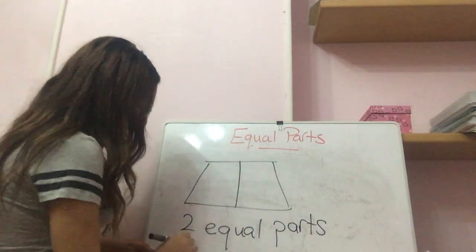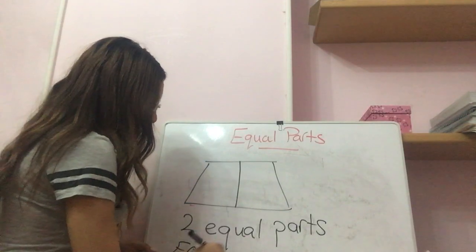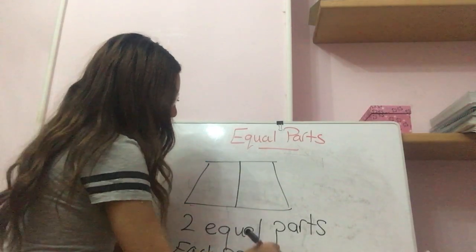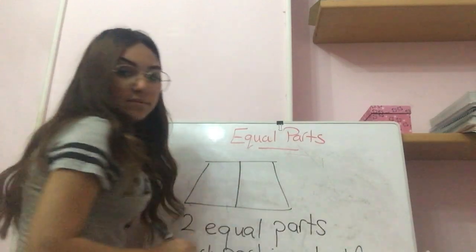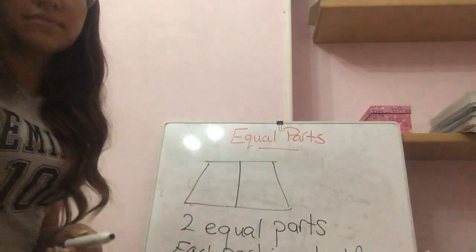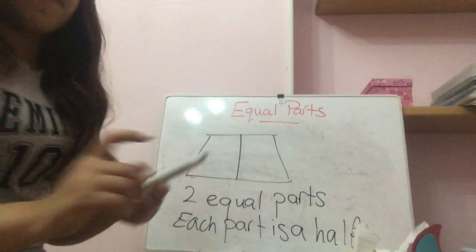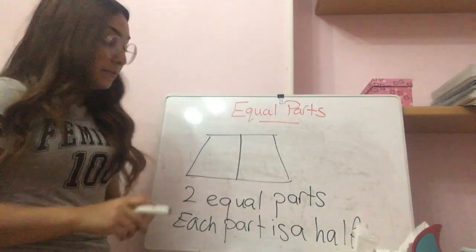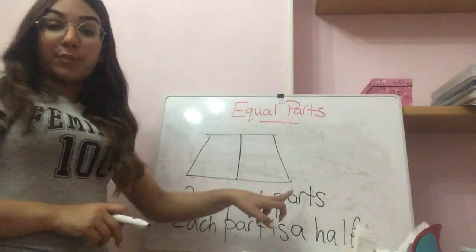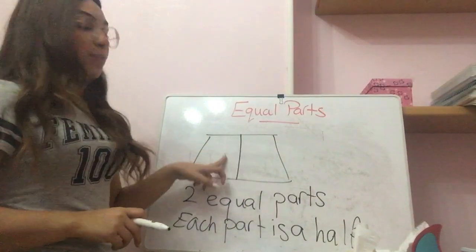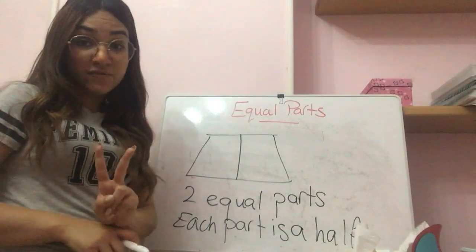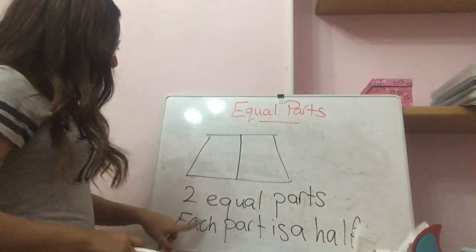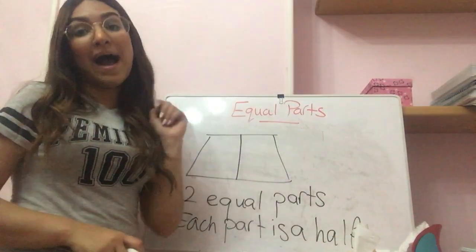Each part is a half. So again, 2 equal parts, so now I have 2 halves. Each part is a half.